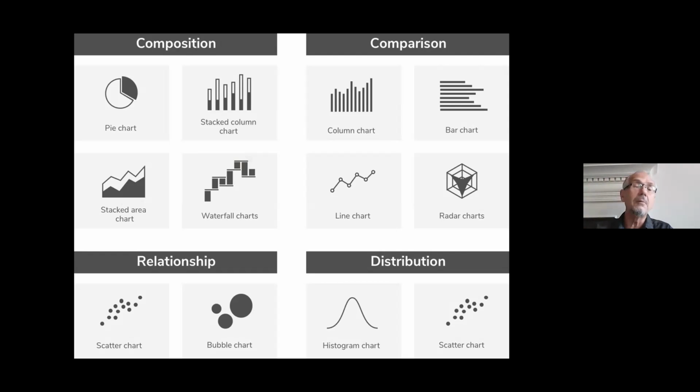If we're looking at the relationship that one variable may have to another, then that's going to be depicted in a different type, maybe a scatter plot. And then if we're looking at distribution, we may be looking at the trends of the data, or the distribution of the responses in the data set.